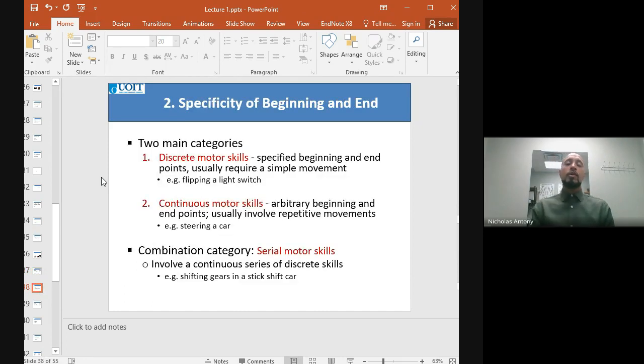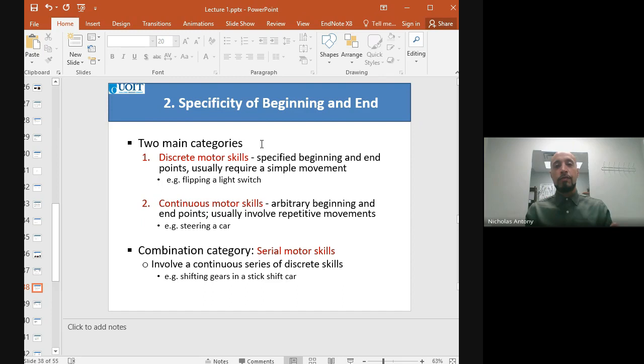The second one was the specificity of the beginning and end. That sounds a bit tricky, but think about comparing running versus throwing a ball. With running, what part of it counts as the actual motor skill?